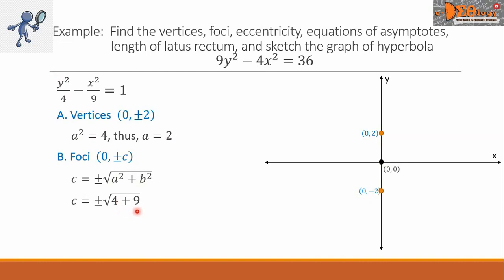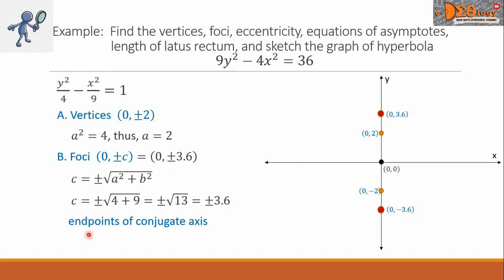So 4 plus 9, inside this big radical, we will get 13. So the square root of 13 is 3.6. So the foci have coordinates 0, plus or minus 3.6 respectively. Look at these points. Here are the foci.